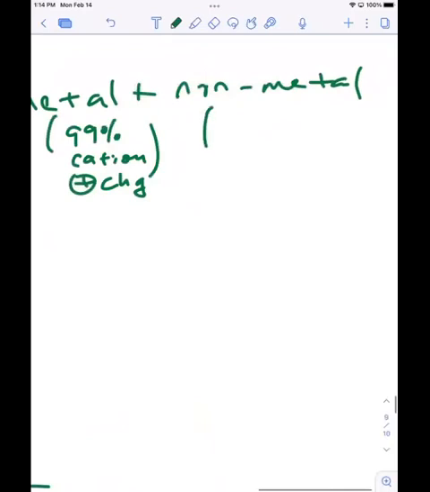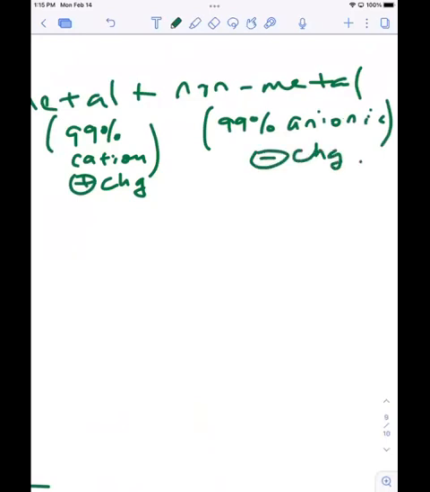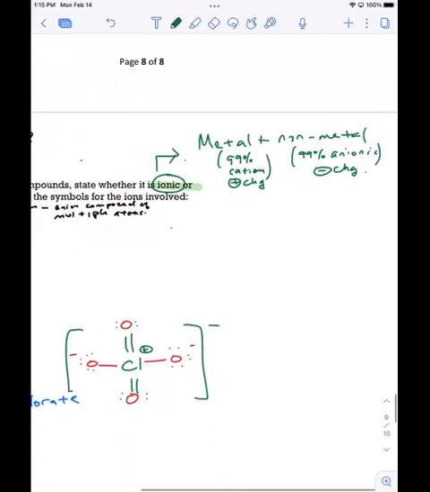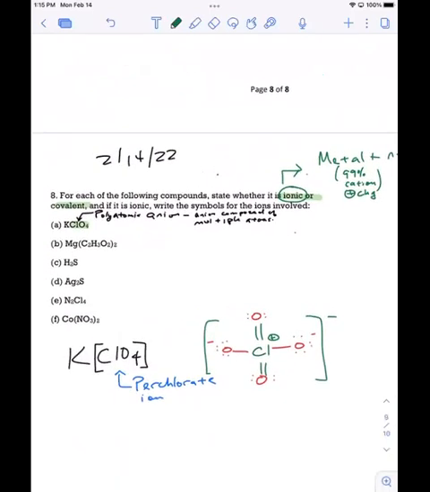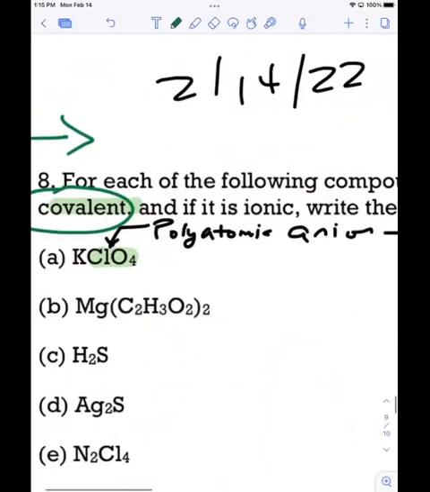And non-metals, 99.999% of the time, are going to be the anion in a compound like the ones we're looking at here. It has a negative charge. That's a term that we've already learned. So if it's ionic, normally it's going to be a metal and a non-metal. If it is covalent, that's generally going to be between two non-metals.